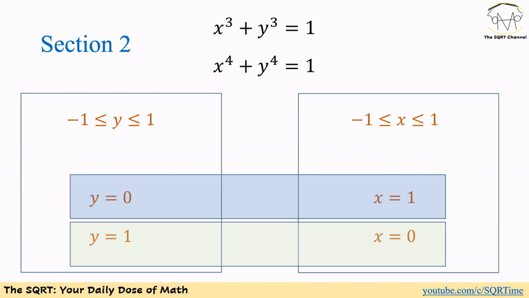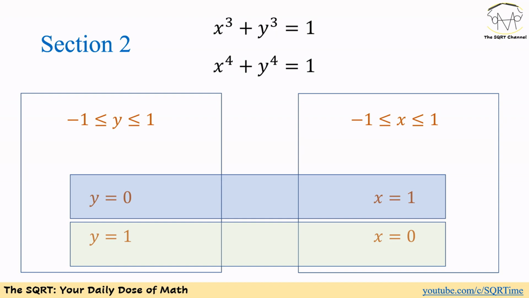For section 2, from the ranges that we found for x and y, we are going to find what possible solutions we can find. First of all, x and y are both between negative 1 and plus 1. Let's focus on x is equal to 1 for now. If x is equal to 1, obviously y is going to be 0.